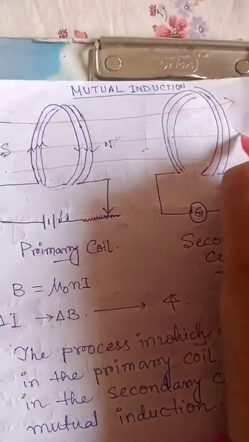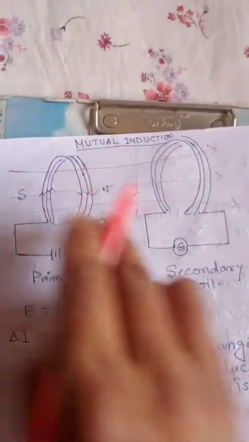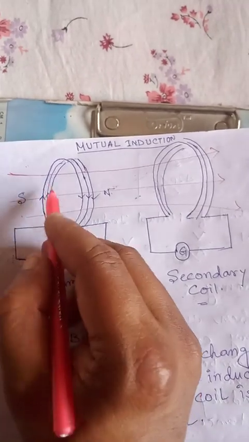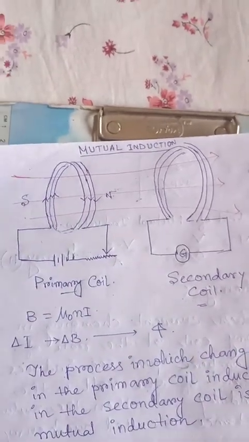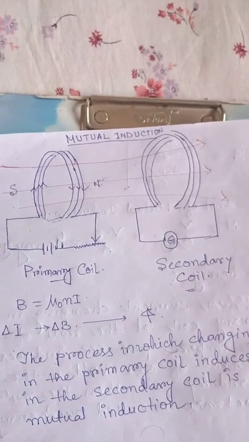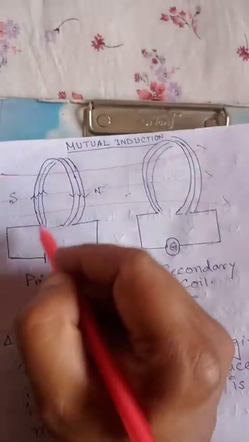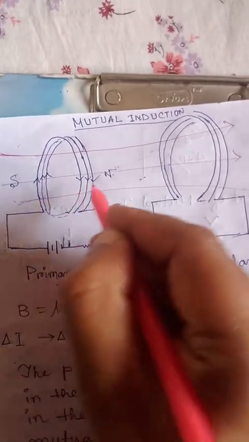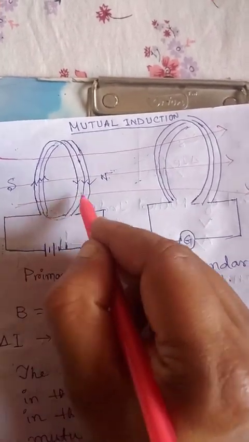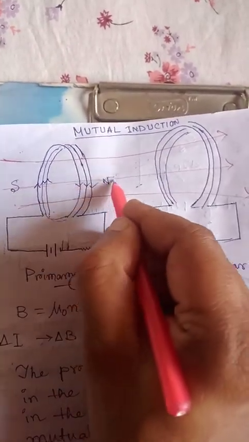Like that. So as we connect a battery with this coil and some current flows through it, it becomes an electromagnet, and the magnetic field lines enter from the south pole and exit from the north pole inside this coil.